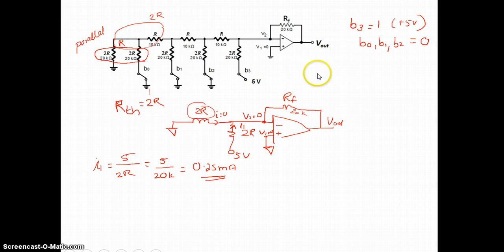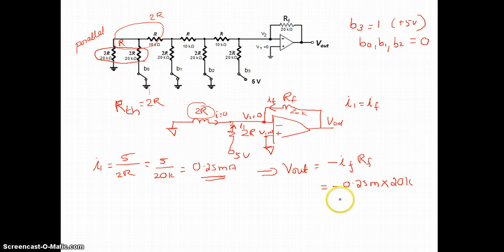0.25 milliampere. So your V out, the same way if you calculate here, is only that current, that will be your IF. So surely your I1 should be equal to your feedback current IF. So V out is equal to, as it is connected to the minus, minus IF into RF. That means minus 0.25 milliampere multiplied by 20K.